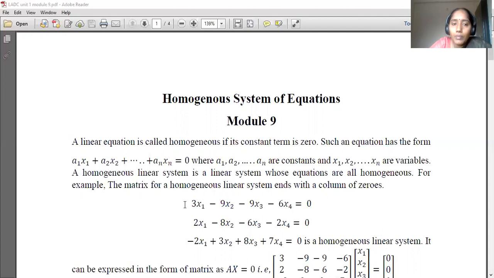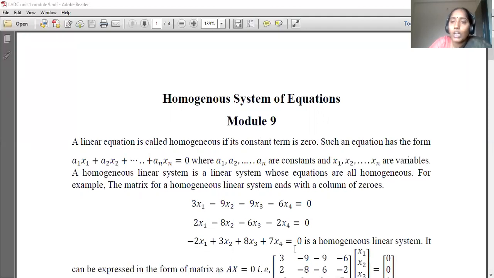For example, I am considering here 3 equations in 4 unknowns, where x1, x2, x3, x4 are the unknowns. Observe that every equation equals 0, which means there is no constant in these 3 equations. So all 3 equations are called a system of linear homogeneous equations.